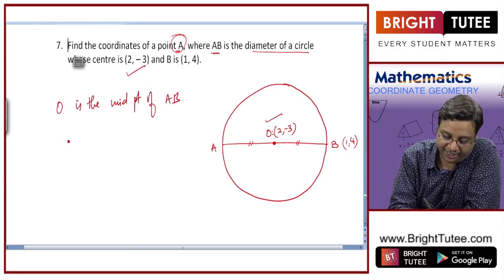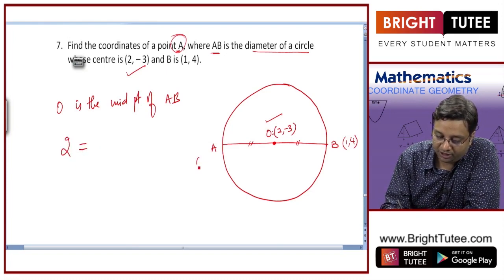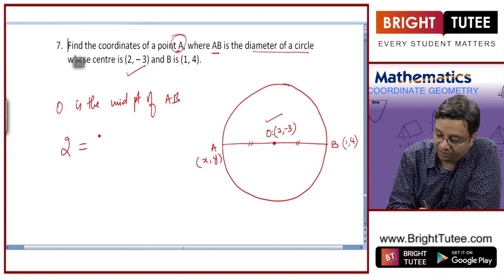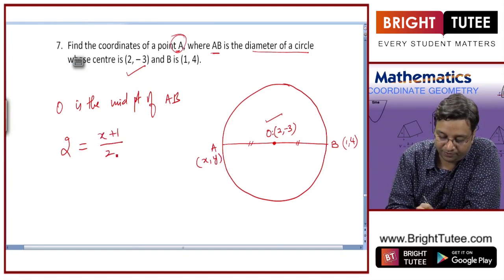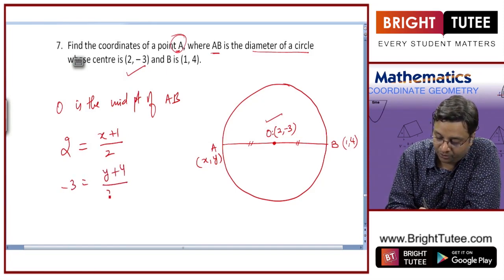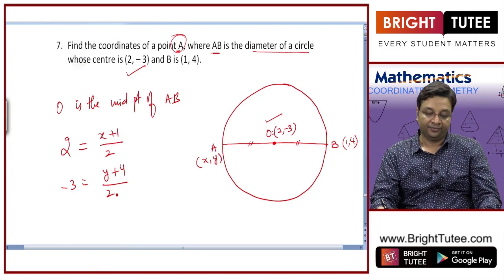So we can say the x coordinate 2 of O is equal to, let's assume the coordinates of A as (x, y), right? 2 will be equal to (x plus 1)/2 and minus 3 will be equal to (y plus 4)/2, right?